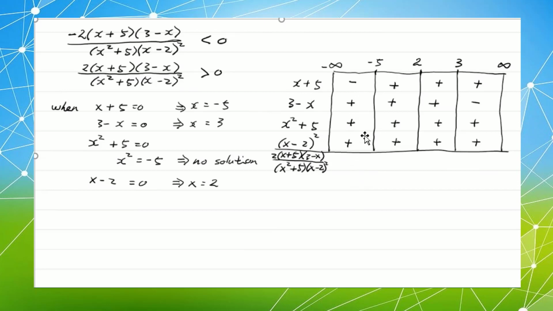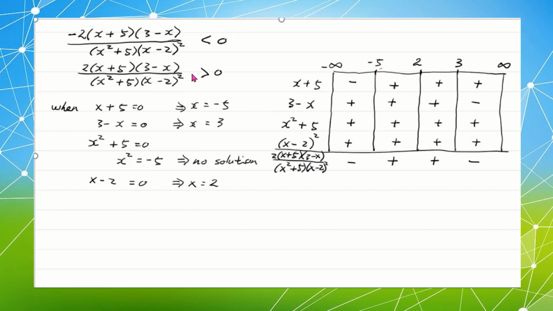So for the first interval, when we combine negative, positive, positive, positive, we will get negative. Then from negative 5 to 2, all positive, means the answer is also positive. Then from 2 to 3, since all are positive, the final answer is positive. Then for greater than 3, positive, negative, positive, positive, finally we will get negative.